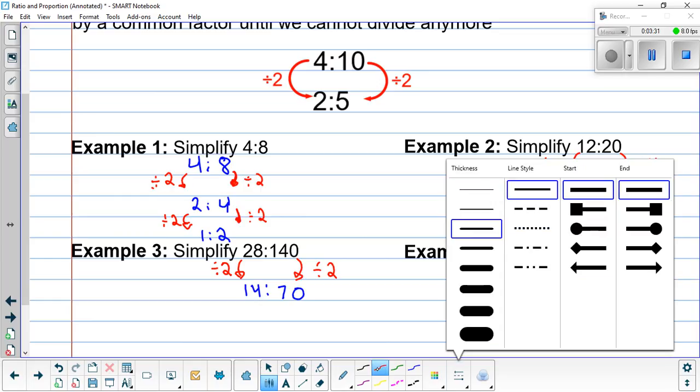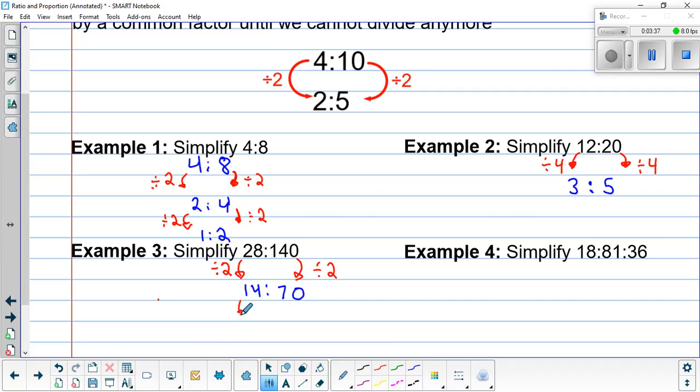Now, if you can see something, rather than dividing by 2, or else we're going to be dividing for a long time. I can see that 14 divided by 2 is 7, and at that point I realize I can also do 70 divided by 7. So I'm actually not going to do 14 divided by 2, I'll do 14 divided by 7.